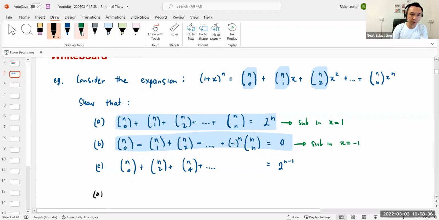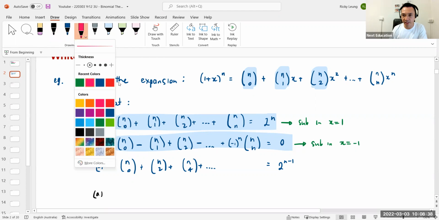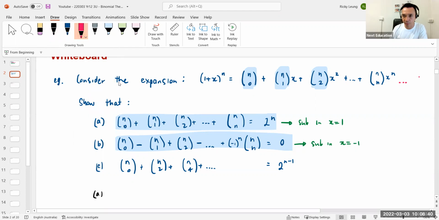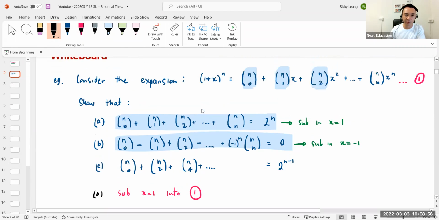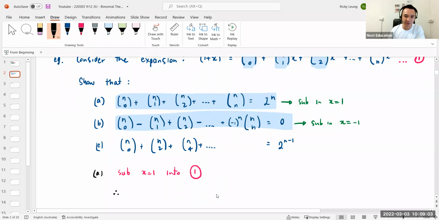Let's call this expression here number 1. This allows us to sub x equals 1 into number 1. And when that happens, we say therefore, and if you bear with me here, I'm going to reverse the order in terms of writing up my working out. I'll do the combinatoric side first.